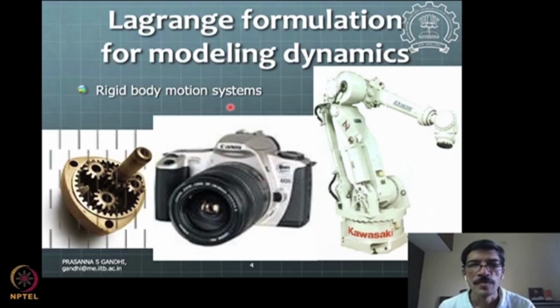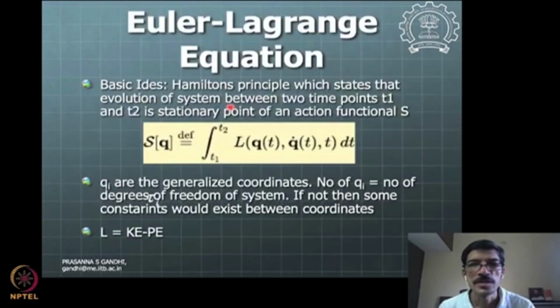So the basic principle on which the Lagrange formulation is based is Hamilton's principle. Now, what is this Hamilton's principle? It states that the evolution of a system between the two time points t1 and t2 is a stationary point of an action functional.